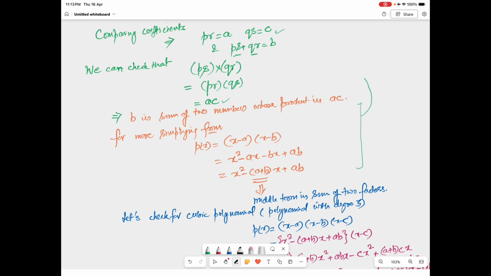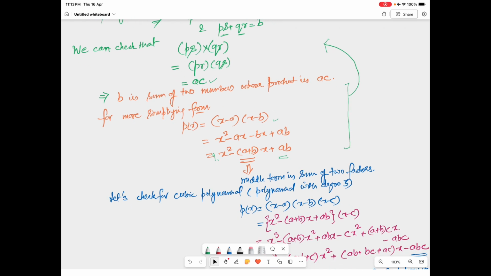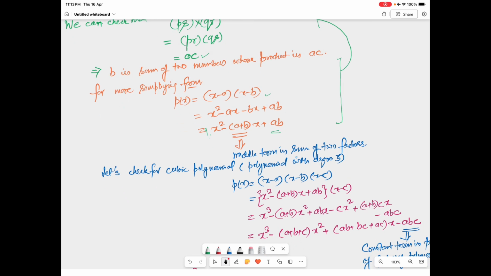If I multiply these two factors, I will get x square minus (a plus b) x plus ab. So it is very evident that the coefficient of x square is 1, so ab is the multiplication of the coefficient of x square and the constant term, and the middle term is the sum of a and b. So the middle term is the sum of the two factors.